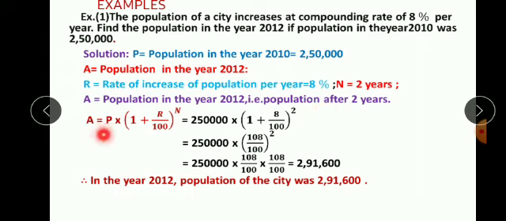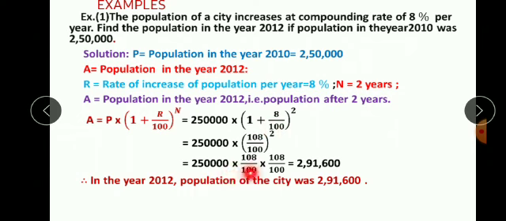Amount A is equal to P into (1 plus R upon 100) to the power N. Substituting the value of P as 2,50,000 into (1 plus 8 upon 100), and N is 2, so it's squared. Now 2,50,000 is multiplied with 108 upon 100, since 100 plus 8 is 108, and it's squared.